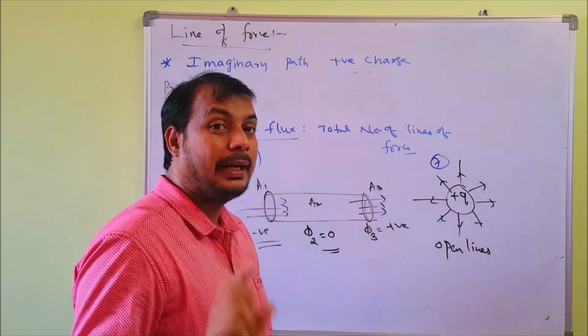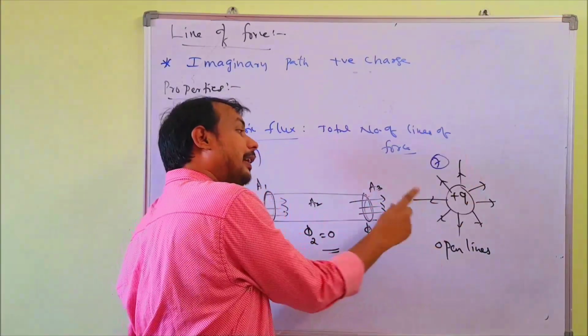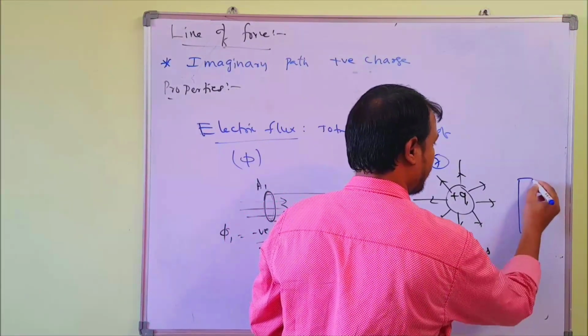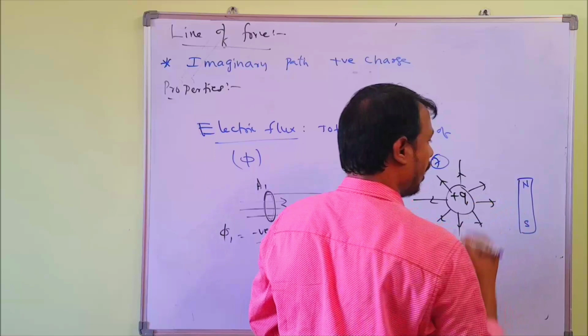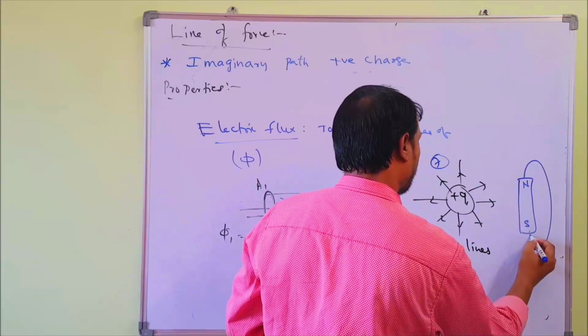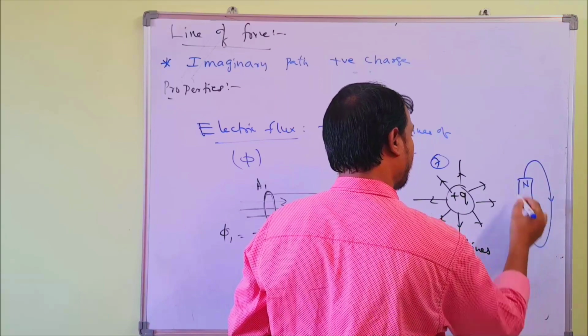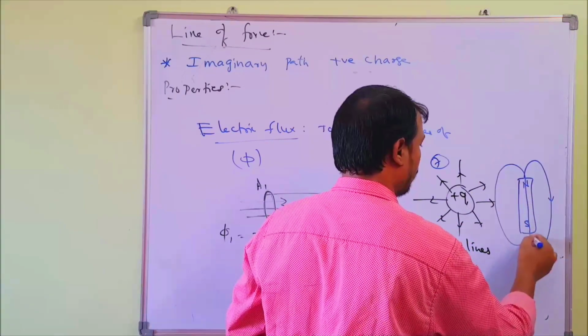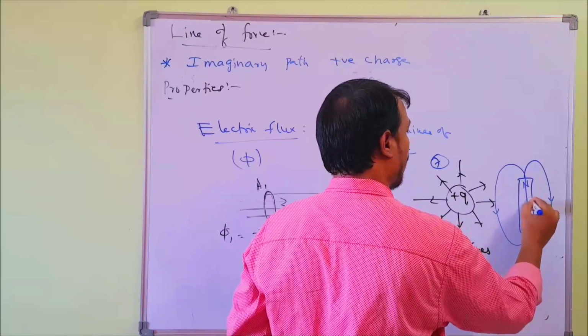But if we compare these electric lines of force with magnetic lines of force, a magnet has two poles, north as well as south. Lines of force start from north to south outside the magnet, and inside the magnet it is south to north.